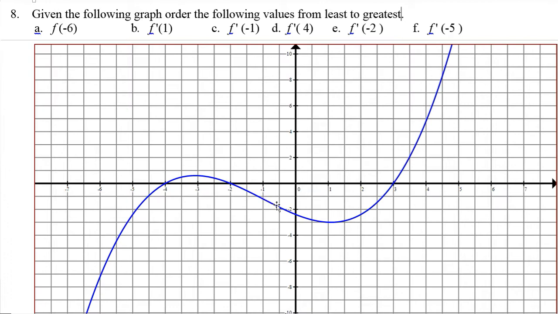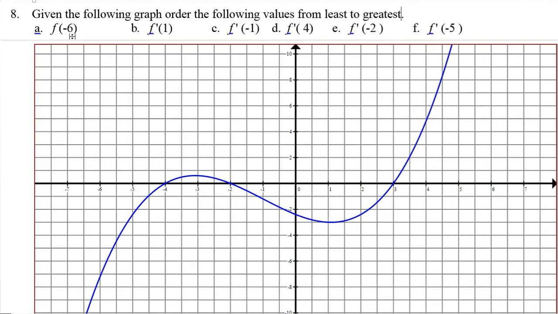Okay, well, if we go to the right a half and left a half, we're dropping, so it's a delta x of 1, and we're dropping a little bit more than 1, so it's negative 1 point something there. At negative 2, the slope is more than that, closer to 0, but still negative, and nowhere near negative 7.